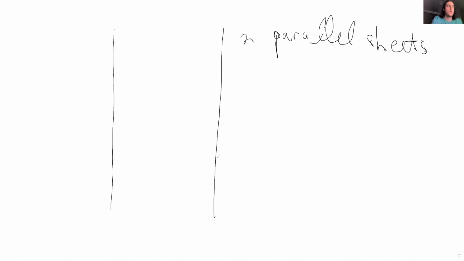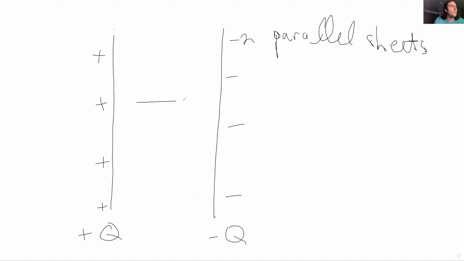Okay. Each one having opposite charge of the other. Equal and opposite charge. So this one has plus Q and this one has minus Q.